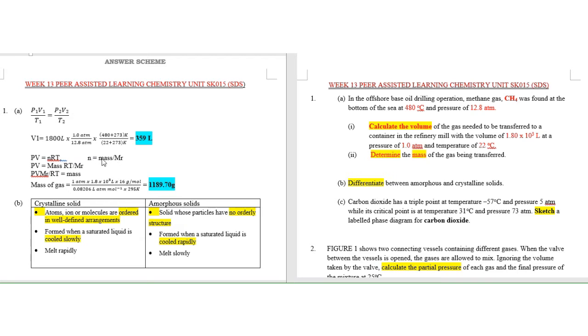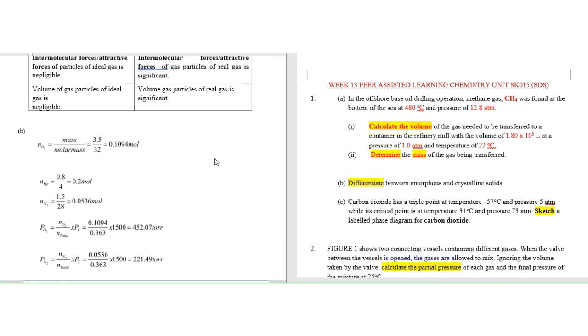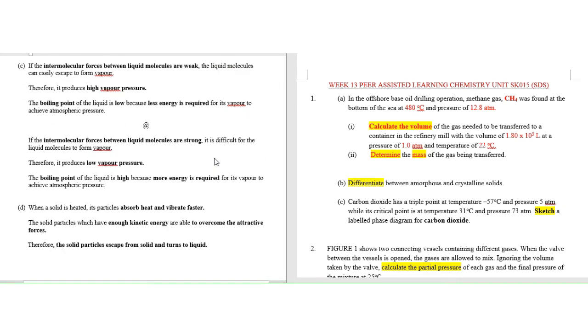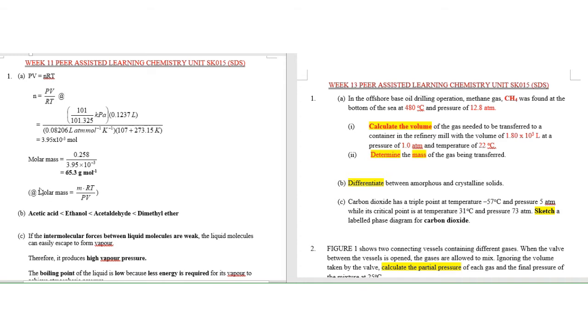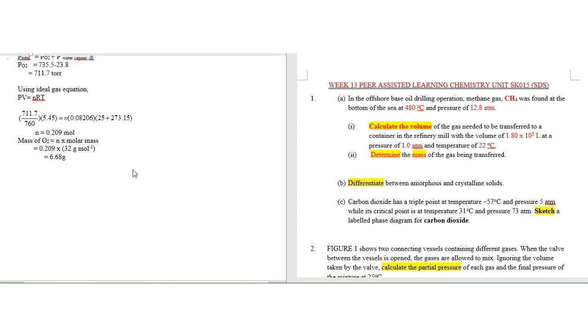So you substitute this formula into PV equal to nRT, then you will get PV equal to mass times RT over molar mass. If you still remember, for the previous PAL exercise, we were finding the molar mass. But for this question, we need to find mass.